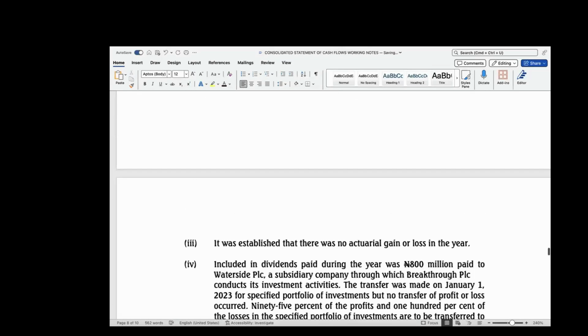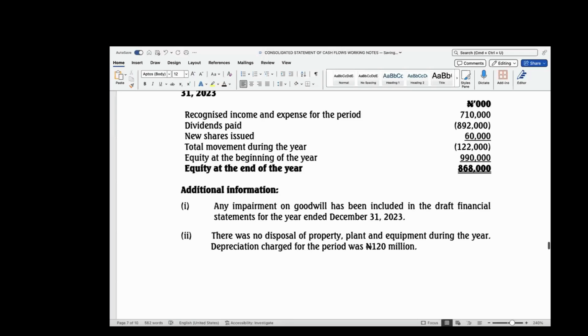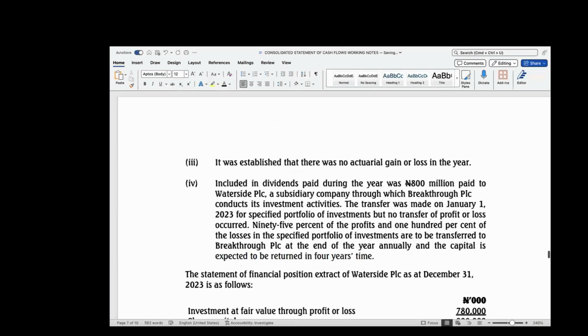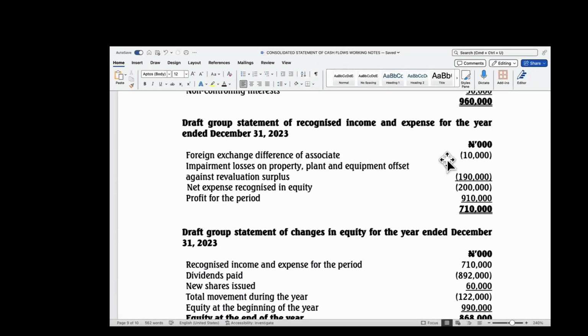And I think they also mentioned something, I almost omitted that. Yeah, I know that I saw something on PPE. In this OCI, there was impairment loss on PPE. Can you see 190? Have you seen it?